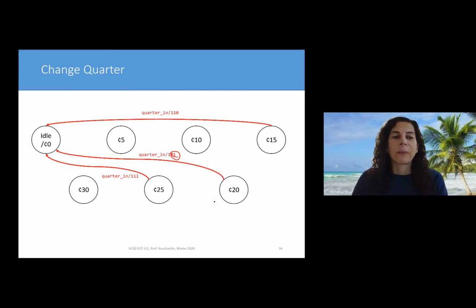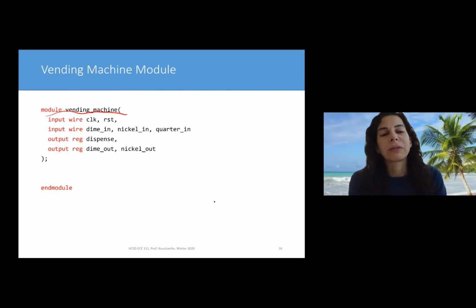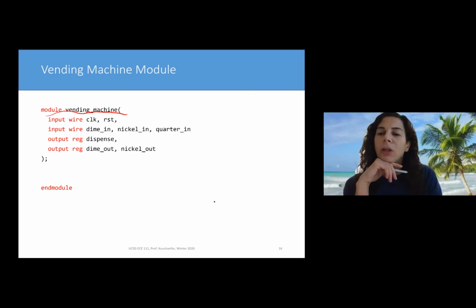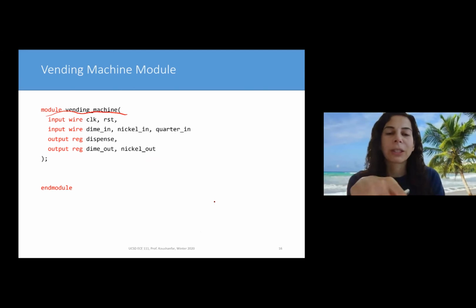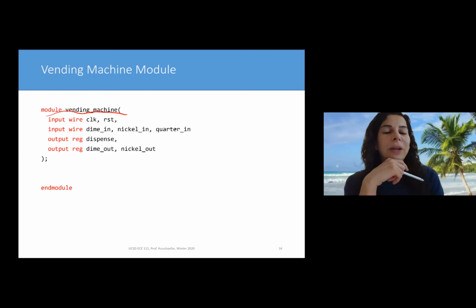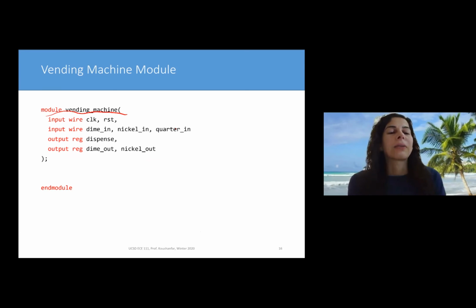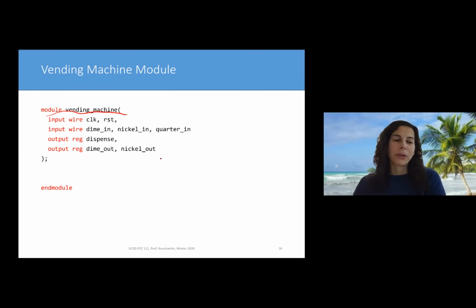Of course, the clock and reset are there for all finite state machines, because we have the reset state and the clock, which synchronizes all activities. The inputs are as we had in that input-output diagram. The output register is dispense, which dispenses a drink, and the output registers dime out and nickel out are also other outputs.